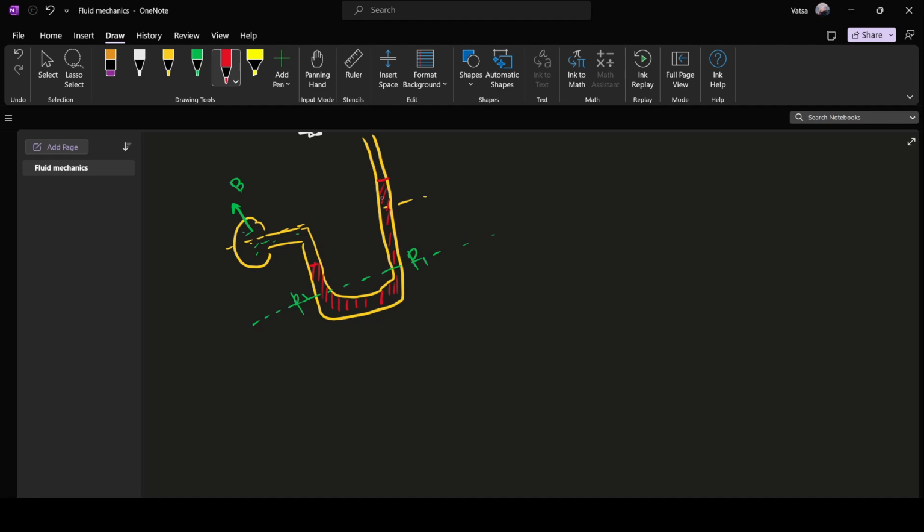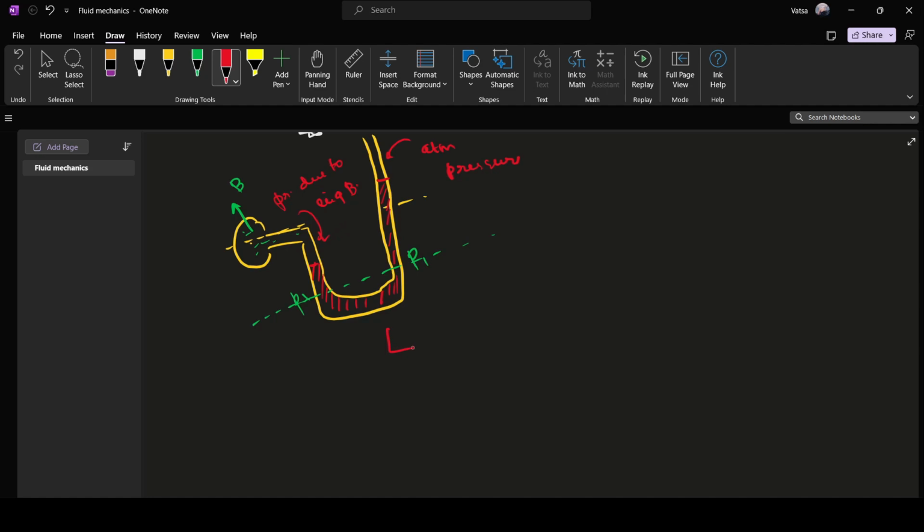We know that here there is atmospheric pressure, and here there is pressure due to liquid or fluid B. A pressure will act on this liquid due to this fluid, and a pressure will act on this same liquid due to atmospheric pressure.